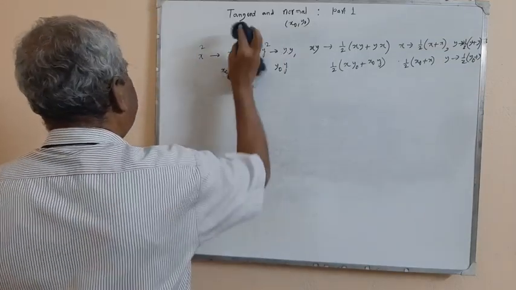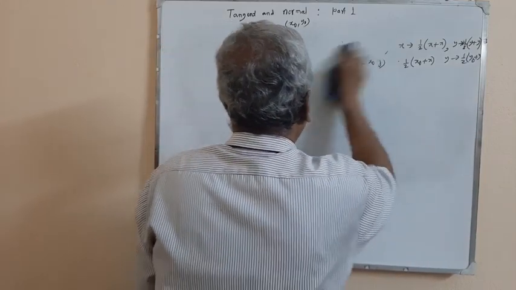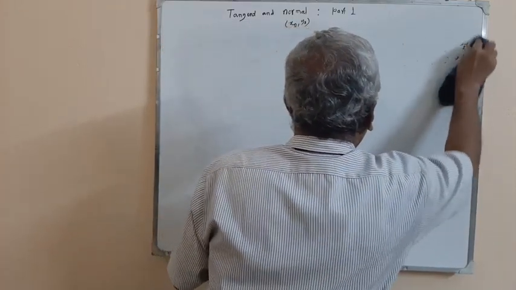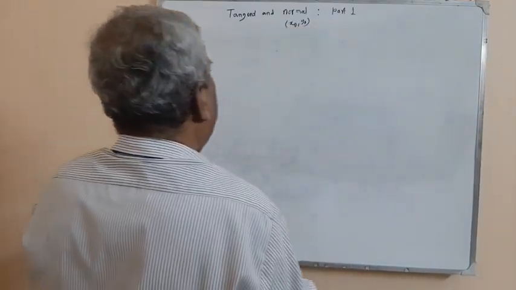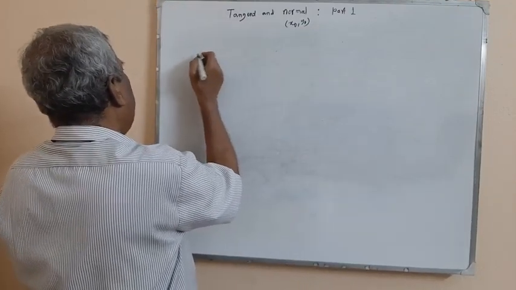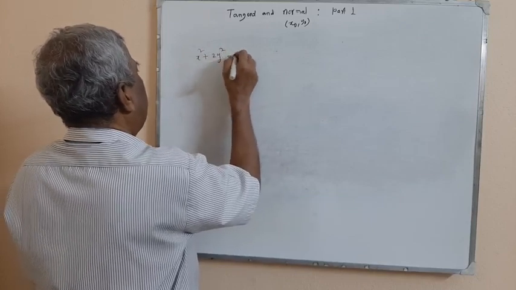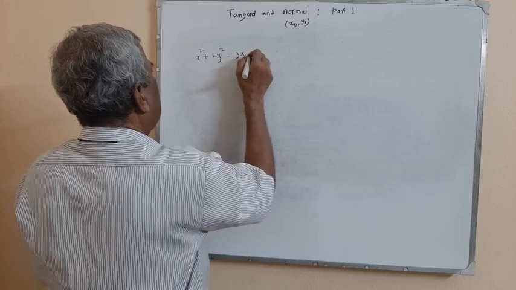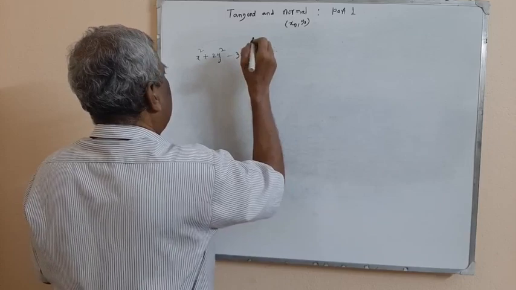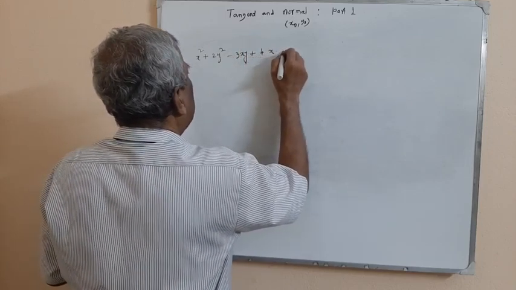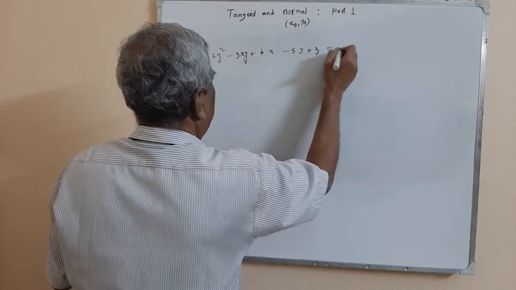For example, find the tangent, where the curve is say x square plus 2y square minus 3xy plus 4 into x plus minus 5 into y plus 3 is equal to 0.